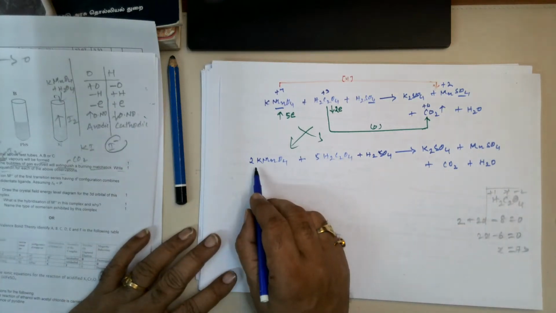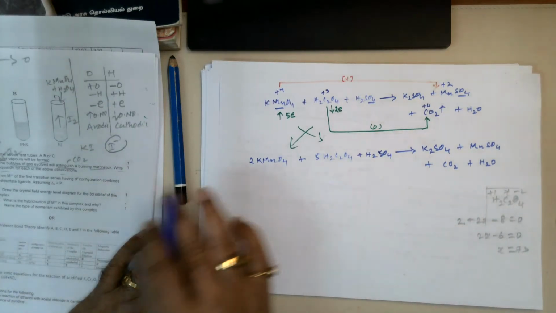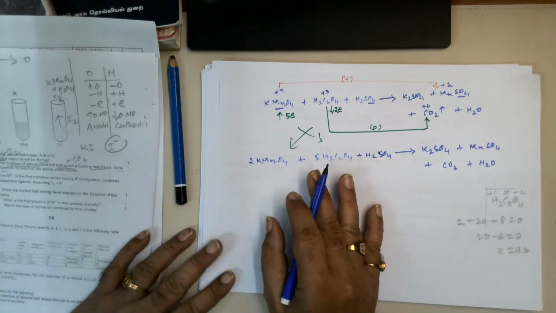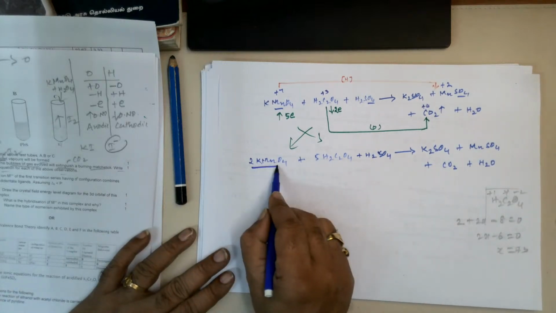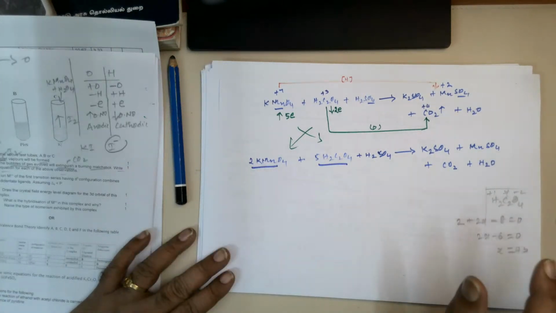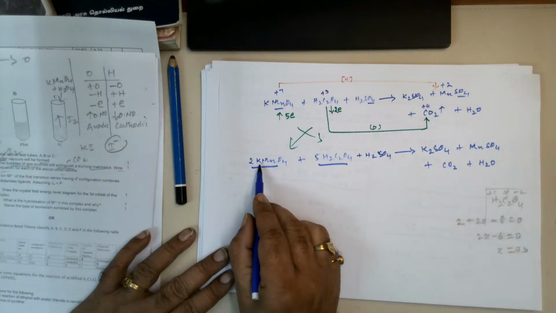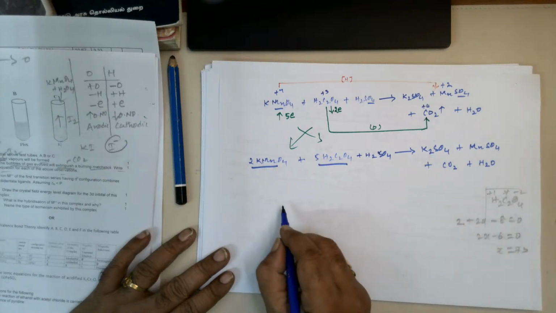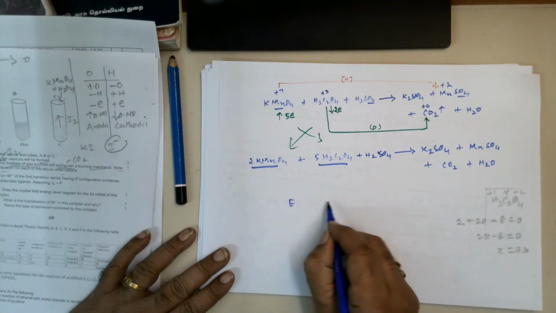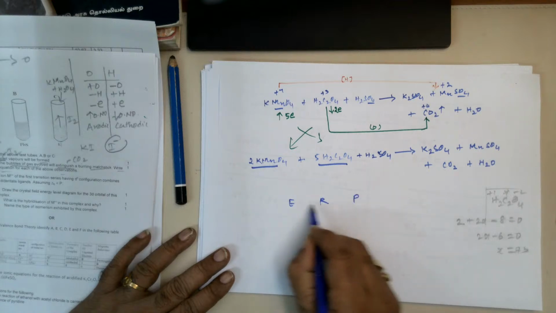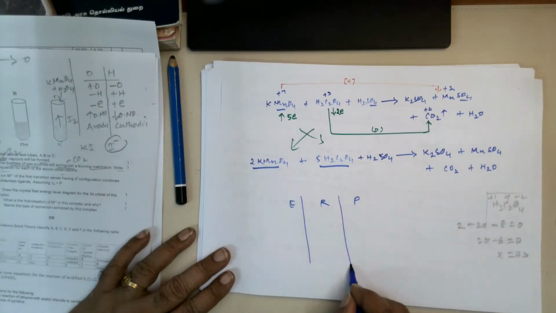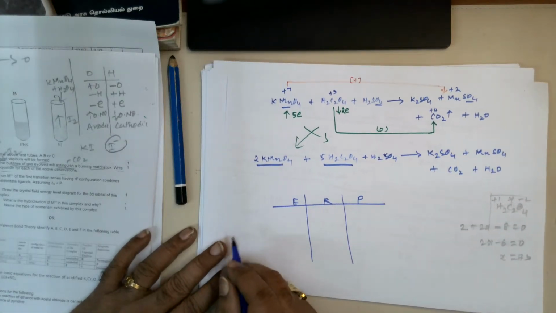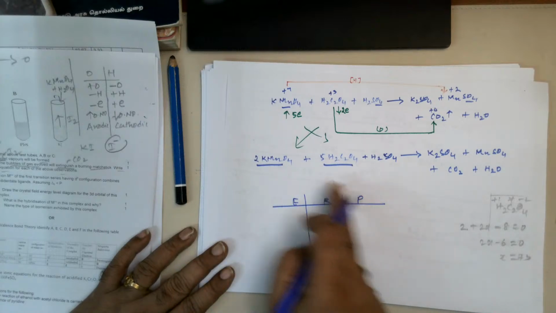Now what you are supposed to do? You got the 2 KMnO4. Once you have put it, you should not change it. So fix, don't change it. Now how many K? 2K. So you can follow that ERP method, which is simply called the element reactant product technique. What are the elements here?